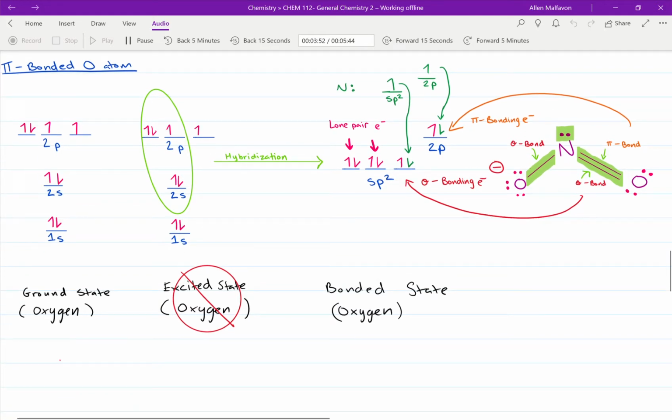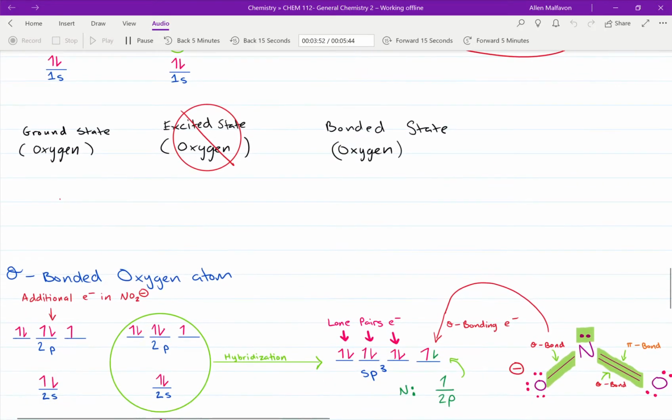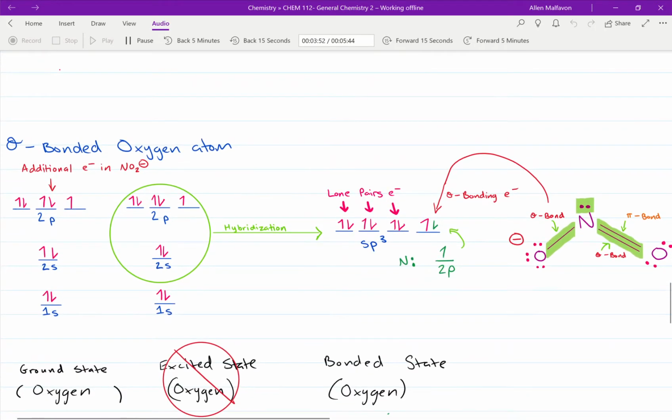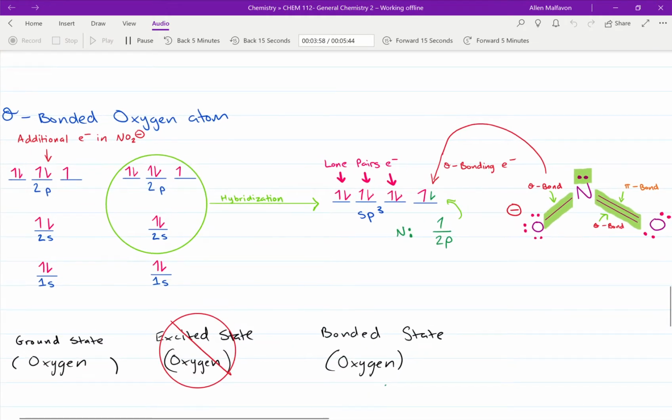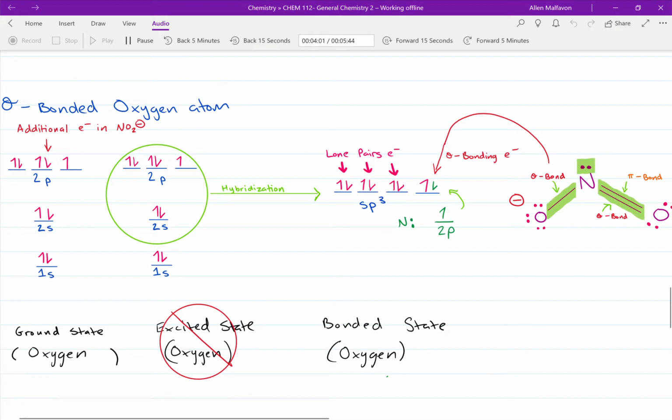Lastly, we come to the exclusively sigma bonded oxygen atom for nitrite. Again, we begin with the ground state of oxygen, 1s2, 2s2, 2p4, and then we identify that after hybridization we will have sp3 orbitals.